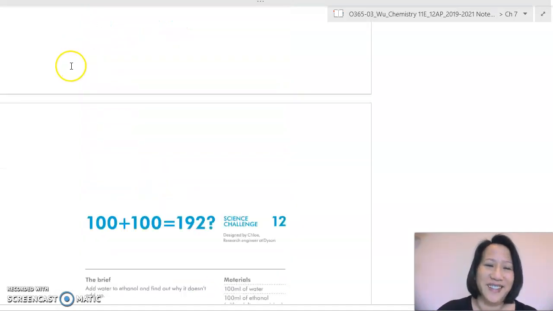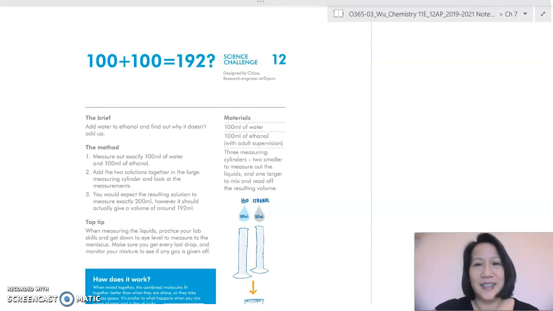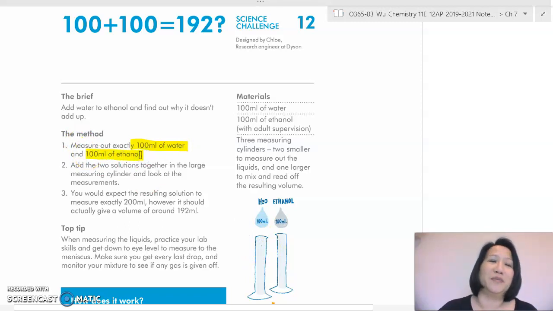Now, let's go on to read. See if I can make this a little bit bigger. There we go. When does 100 and 100 add up to 192? If you go get 100 milliliter of water and then go get 100 milliliter of ethanol.